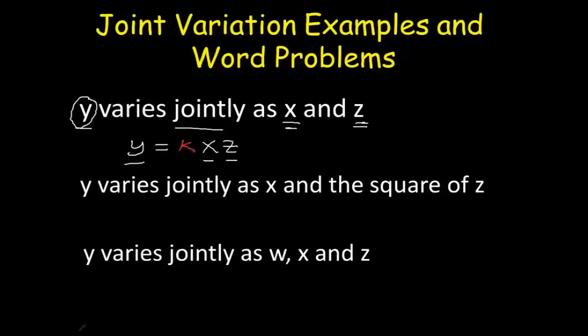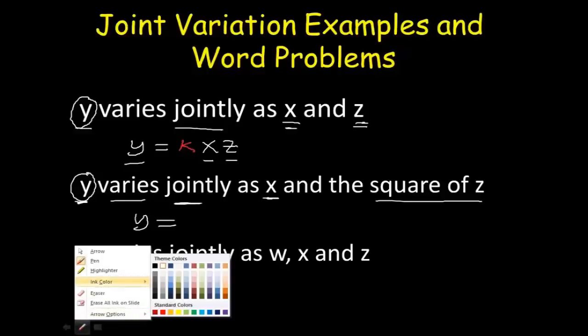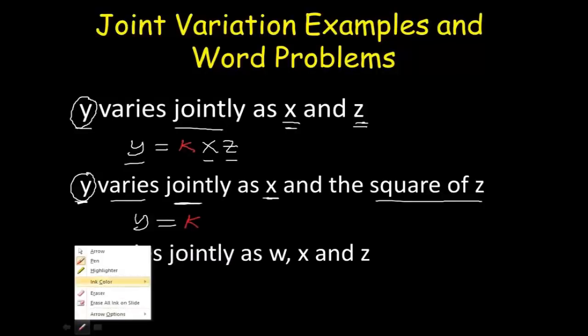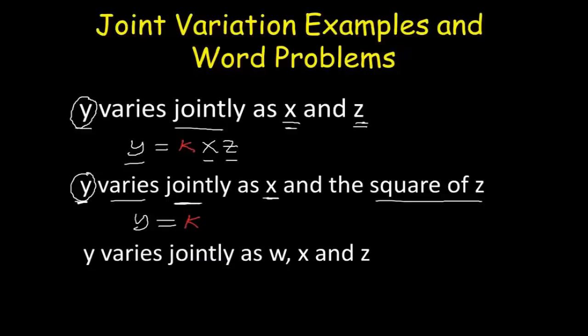Example number 2: y varies jointly as x and the square of z. Our first variable y, which varies jointly, is written on the left side, equals, again, do not forget the constant of variation, which is k, and then k will be multiplied by the two variables that vary with y.